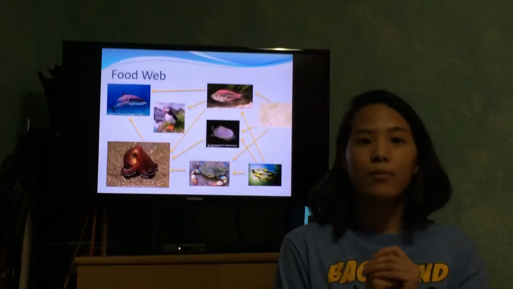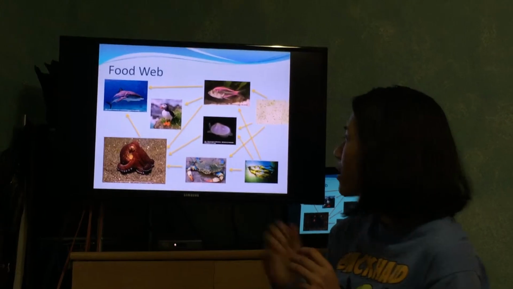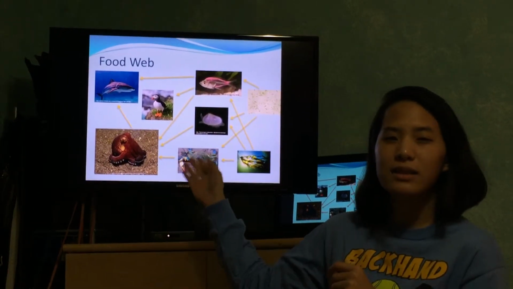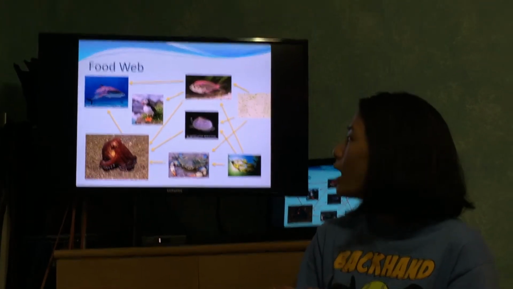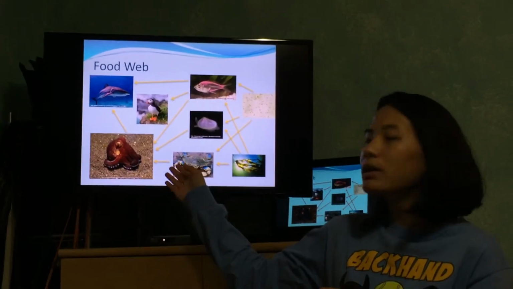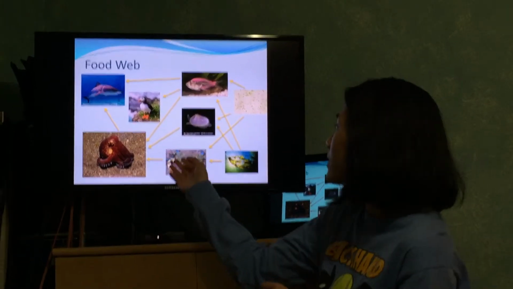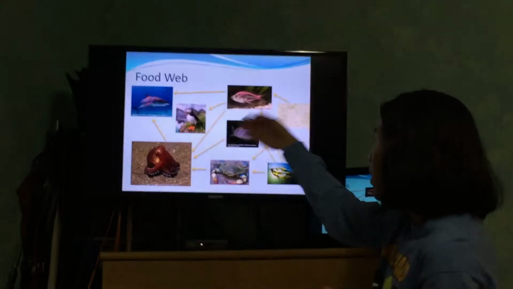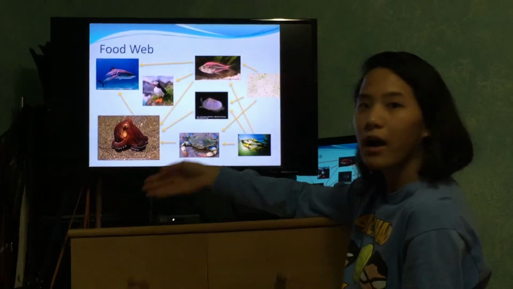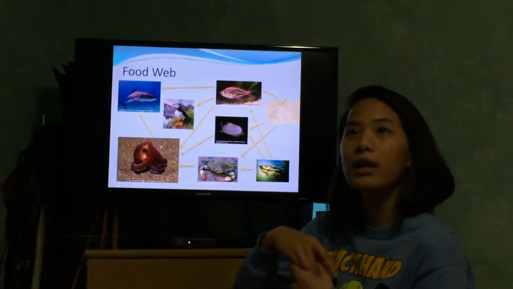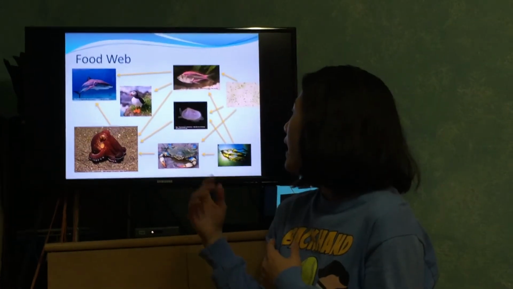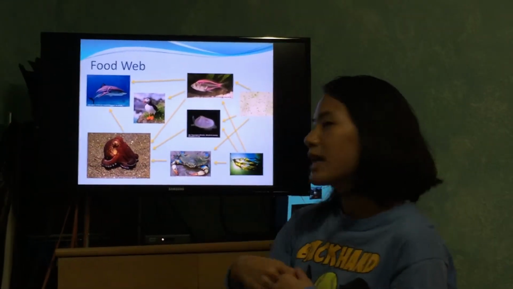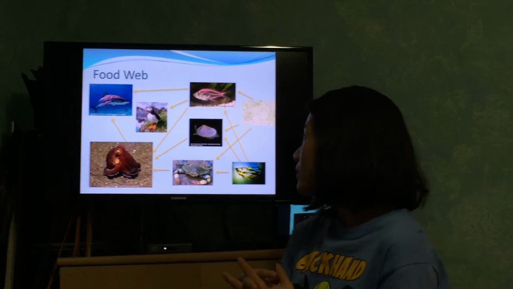Here's a food web of the octopus. The octopus is a carnivore and it's a secondary consumer. It consumes only herbivores, as you can see here. So it consumes small fishes, it consumes bivalves, which are like small clams or mussels, and it also consumes crustaceans, which are like crabs.